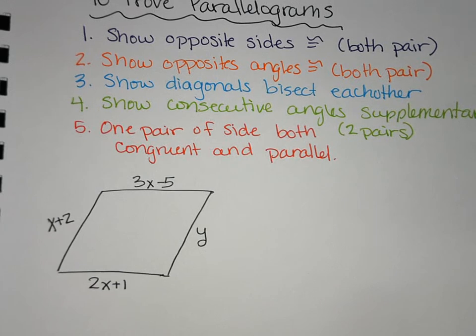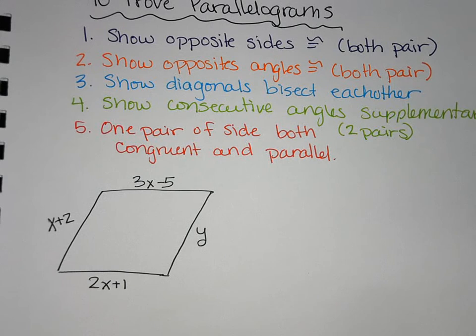So what do I have to make true in order for this to be a parallelogram? So think about our 5 things. What can I show that would make this a parallelogram?